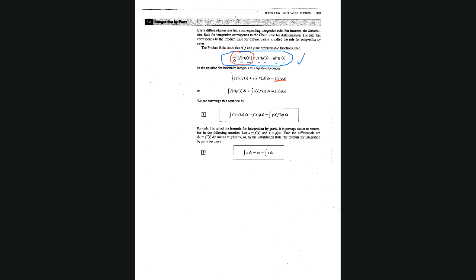And then we're integrating the right side here, and that's what we have over here. They're just trying to save a step, but they switch the sides of the equation. And now you have the integral of f times g prime plus g times f prime equals f(x)g(x).